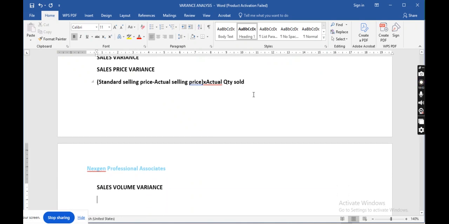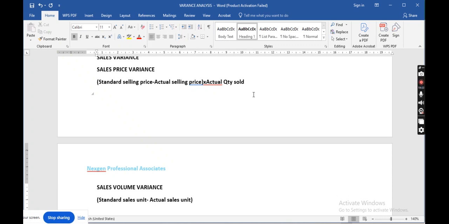Now, you said it is what? The standard quantity, right? Or you say standard sales volume. Don't forget standard sales, right? It is volume. That is standard sales units minus actual sales units, right?